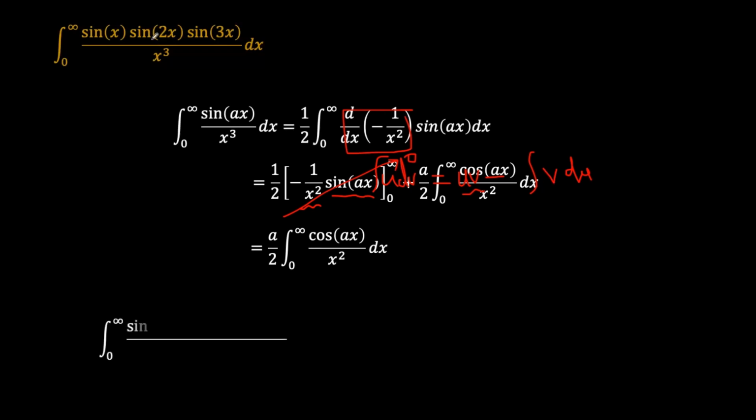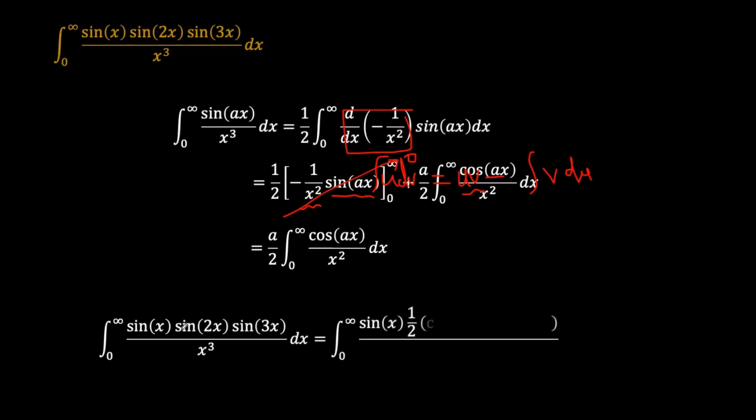Now, picking our problem here, sine x, sine 2x, sine 3x over x cubed is the same as, we're going to try and expand this into single trigonometric function expression. So we have sine x. Sine 2x times sine 3x is going to be the difference between cosine x and cosine 5x.